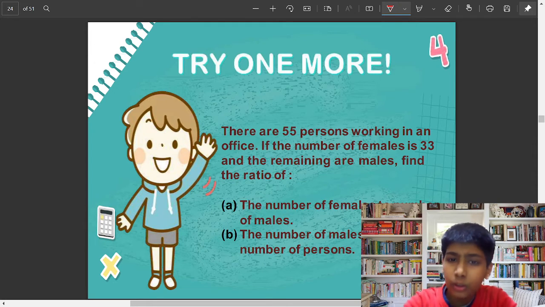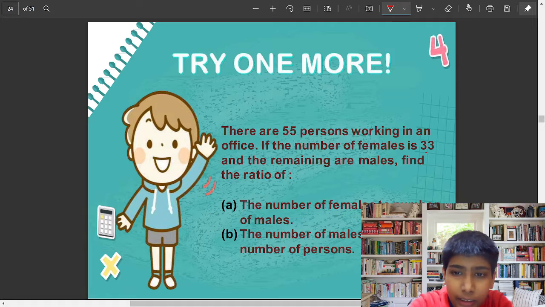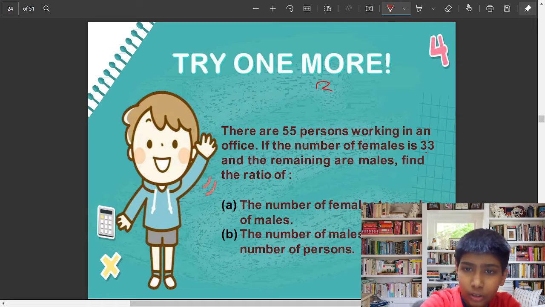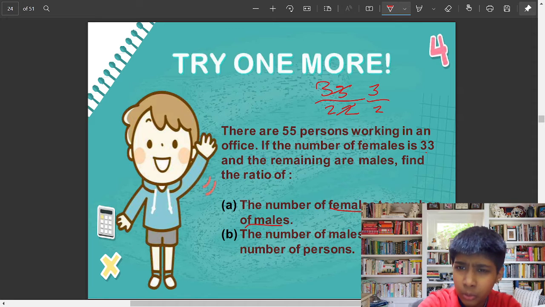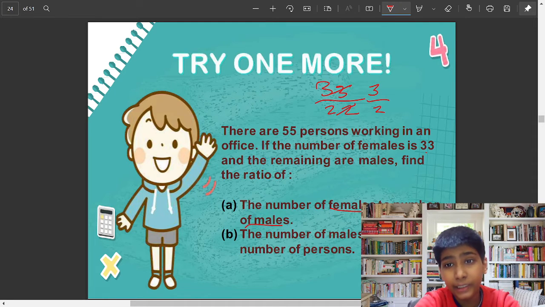If 22 are male and 33 are female, so from females to males, 33 is to 22. We'll be dividing by 11, so 3 upon 2. So if I write it as 2 by 3, is it correct, do you think? No, because it is not. This is the right answer.